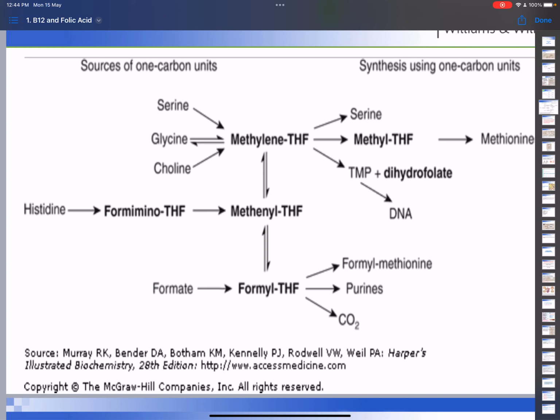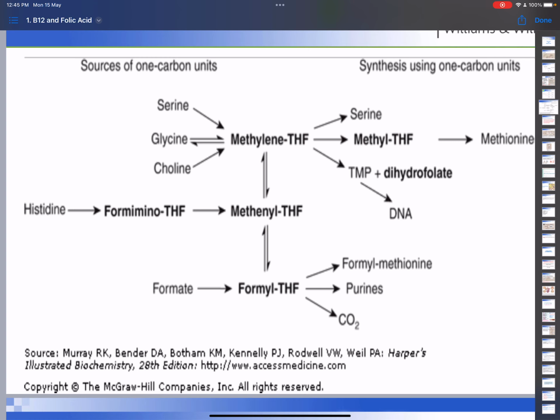For example, they are very important for purine synthesis. Okay, regardless of where the formyl comes from, it could be from formate or from other derivatives of the tetrahydrofolate. Or thymidine, for example, required for the DNA synthesis. Or for other amino acids like methionine and serine. Or generation of dihydrofolate, this is another story.